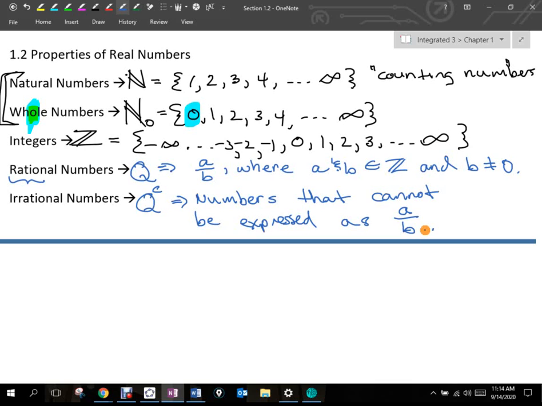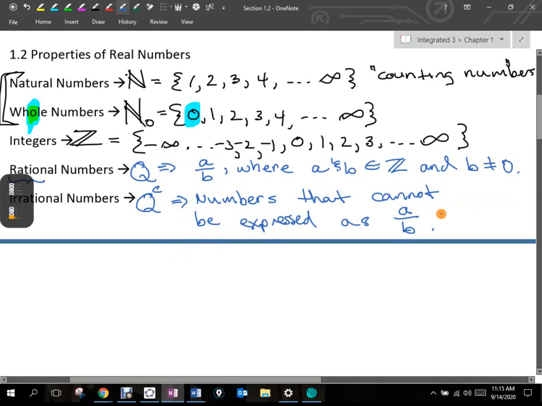For instance, what's the one irrational number that you guys have probably dealt with in the past? Nope. You eat them sometimes. Sometimes they're cherry, sometimes they're apple. So pie, now it's not spelled the same way, but an example of this would be pi, which we spell P-I.